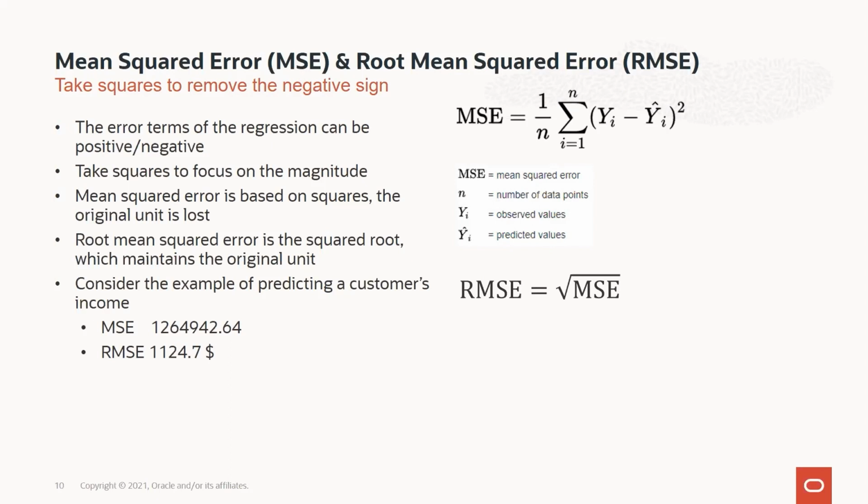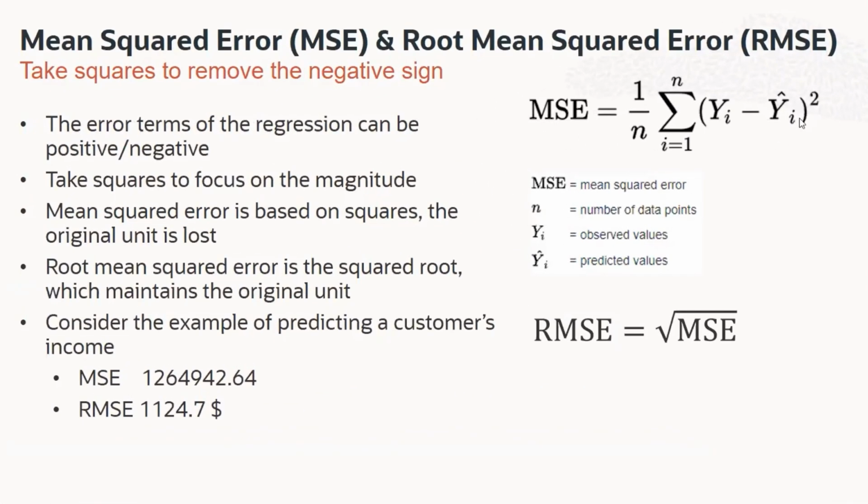One widely used way is called the mean squared error, which takes the observed raw values and predictions, takes the squares, and then takes the mean. The reason it takes squares is simply because the error can be positive or negative. If you just sum them up, they will probably cancel each other. So in order to focus on the magnitude, we take the square and then take the mean.